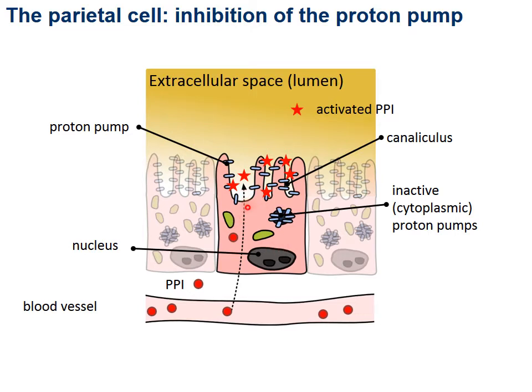And when they cross the apical membrane, then they encounter this highly acidic environment, leading to the rearrangement to form this highly reactive species, which can then react with the cysteine side chains of the proton pump, which are localized in the close vicinity.